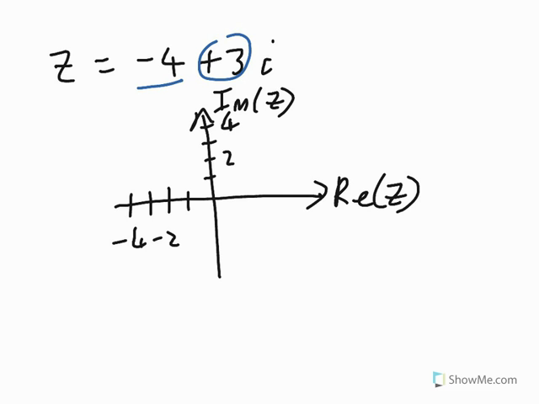So we come to -4, and then up 1, 2, 3 to this point here, and so that is our complex number on the Argand diagram. Alright, and that essentially is it. It's not really any more complicated than that.